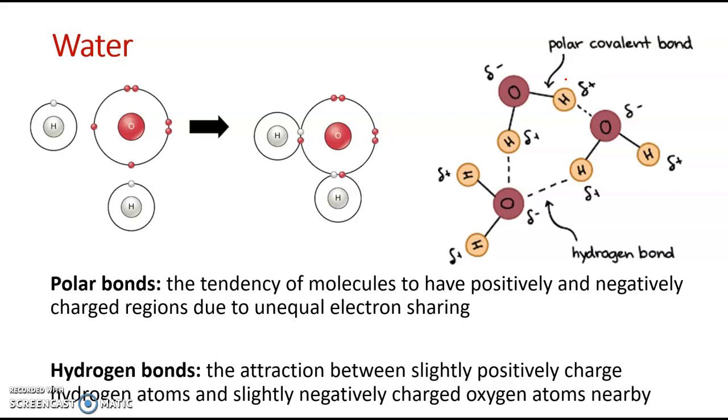So if we're talking about a glass of water, a pile of molecules of water, we're going to find polar covalent bonds, but also hydrogen bonds: the attractions between those slightly positively charged regions with the hydrogen atoms and the slightly negative charged regions on the other side of that oxygen atom.